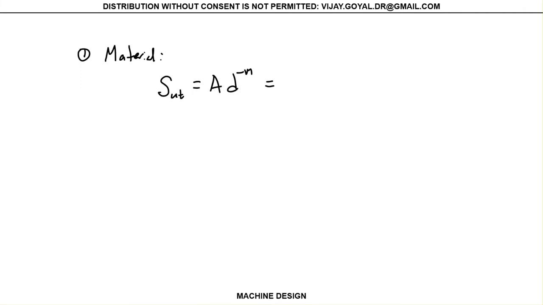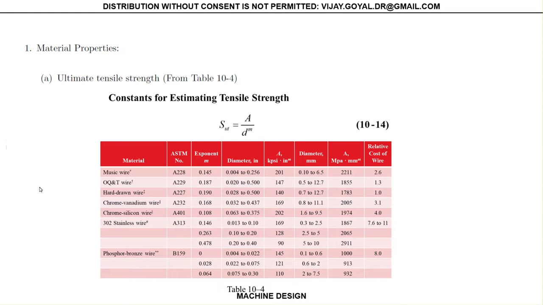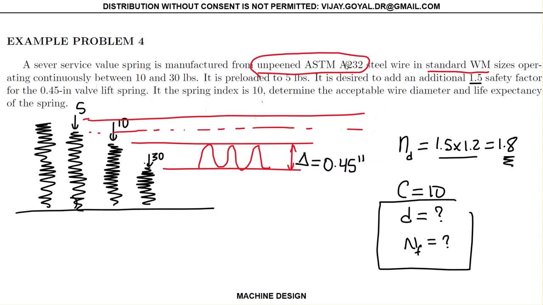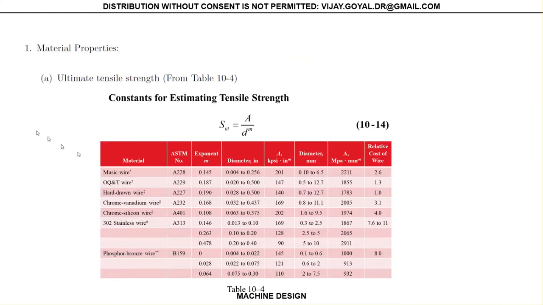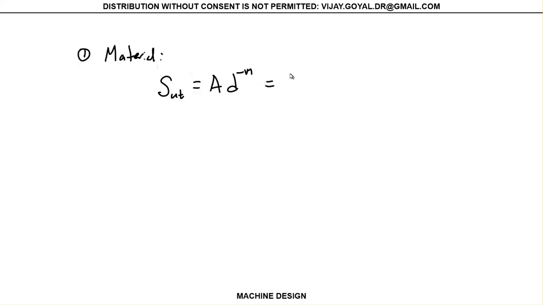So if I go to the tables here, the material is A232. This is the exponent, and this is the value of A. Those are the values I'm going to use in my analysis. So that's why this is 169 d to the minus 1.68.